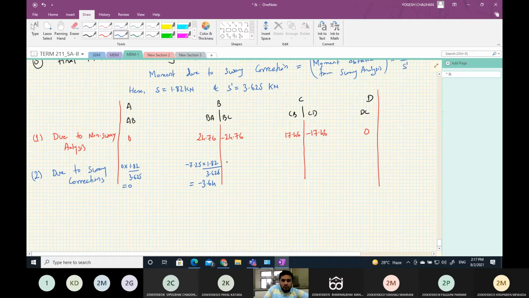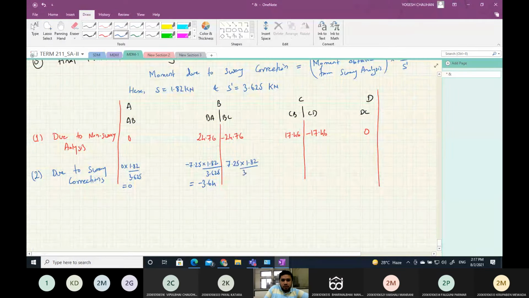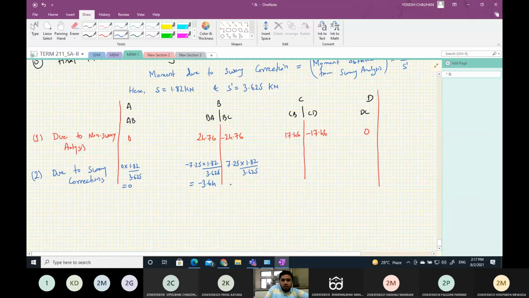Similarly here it is 7.25 multiplied by 1.82 divided by 3.625, so this will be 3.64.